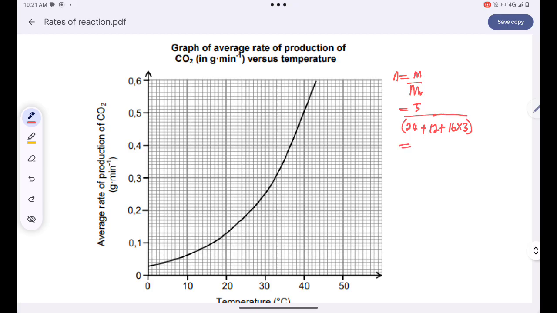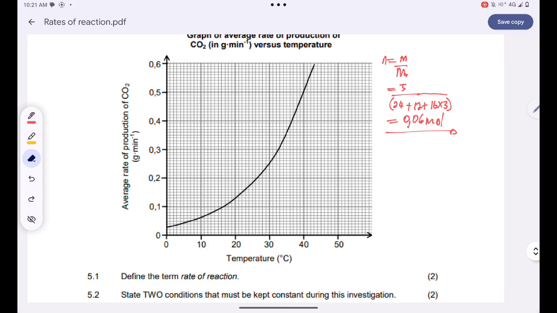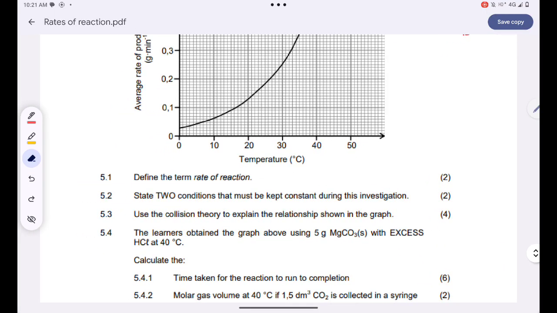So to find the number of moles, I say 5 divided by 24 plus 12 plus 16 times 3. That will be 5 over 84, which basically gives me 0.06 moles. So initially I had a total of 0.06 moles.